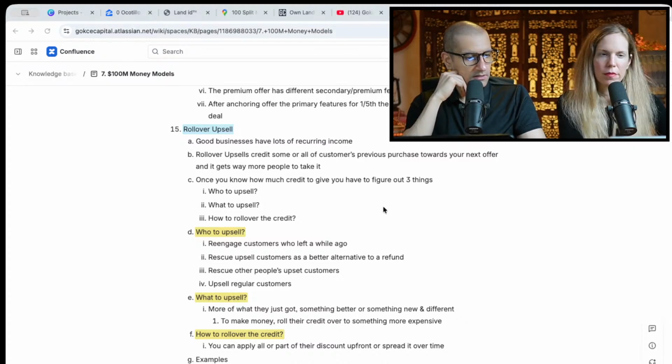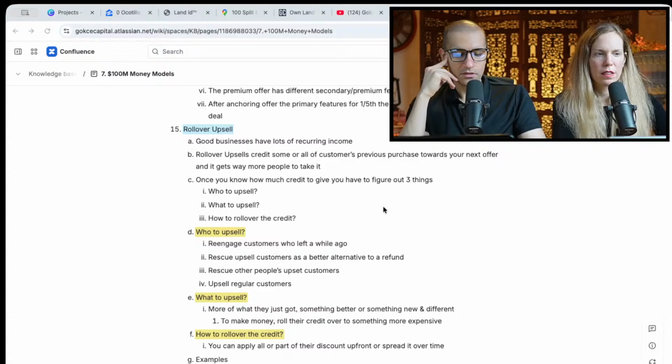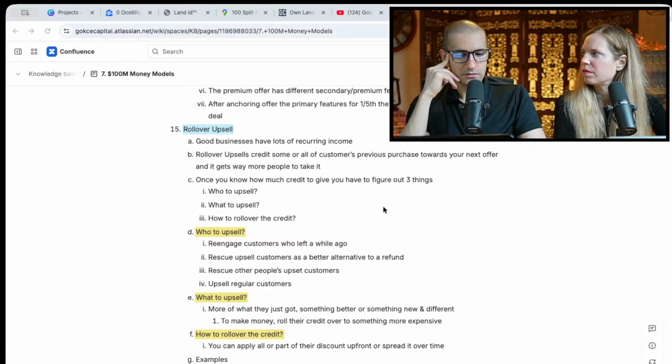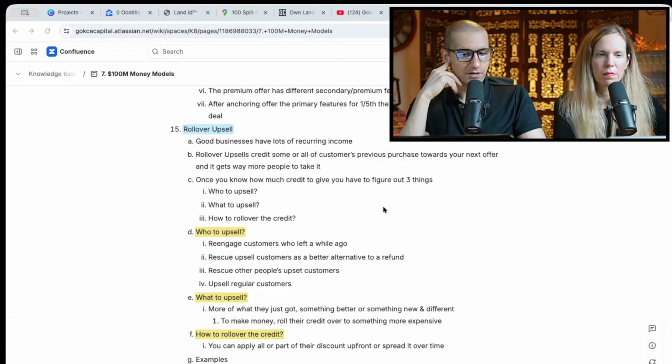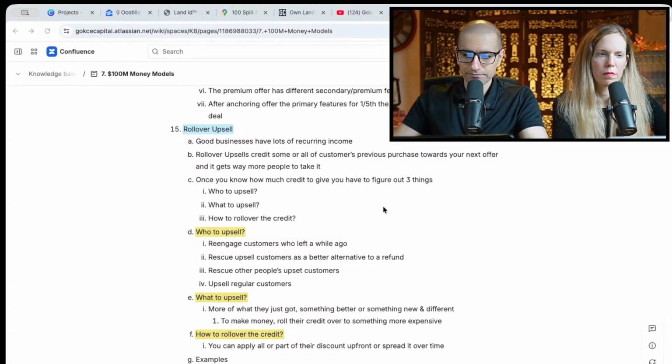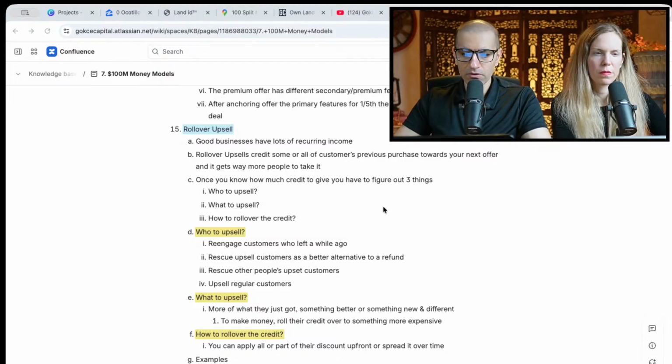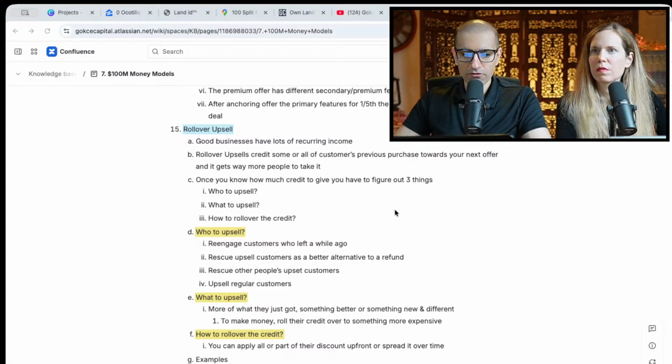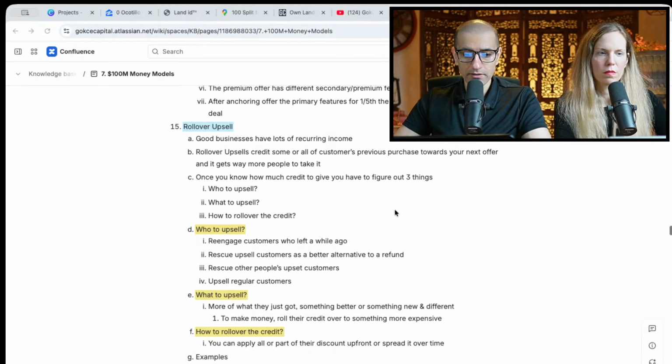But if you're trying to build a large business, like 10 million plus for the next 50 years, maybe even 100 million, then you need massive recurring income. So rollover upsells credit some or all of the customer's previous purchase towards your next offer, and it gets way more people to take it.